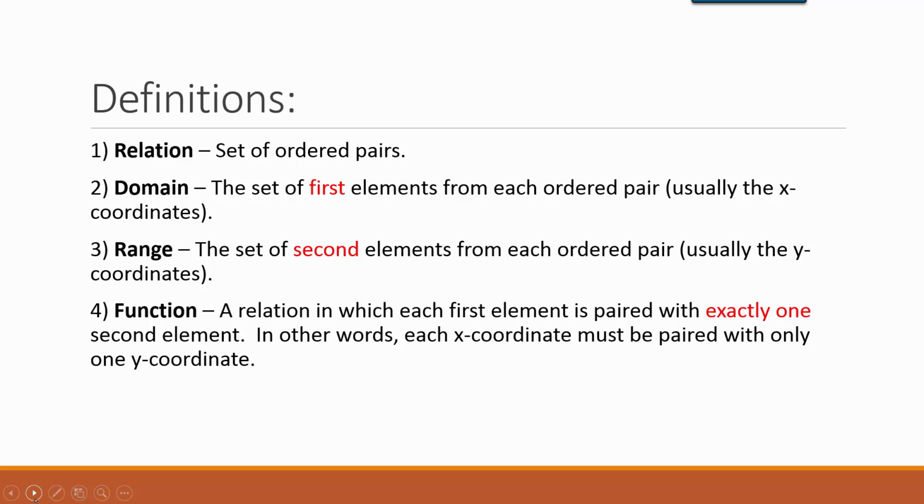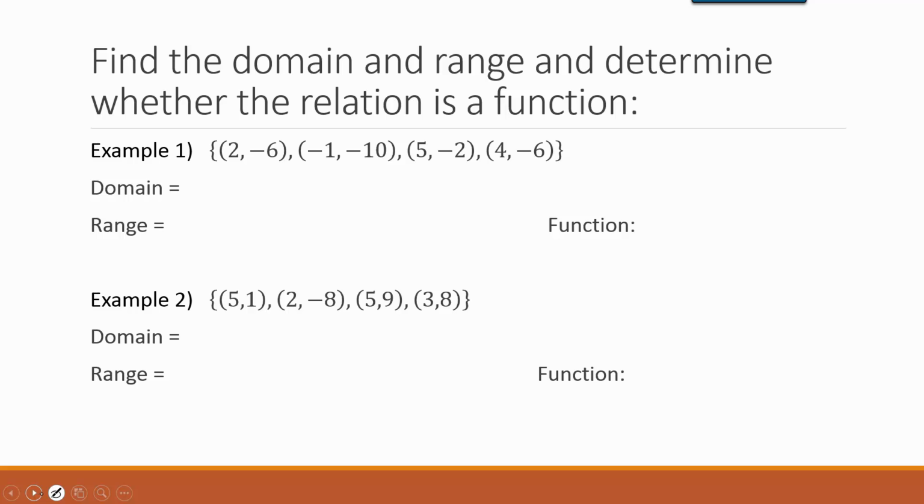So let's take a look at a few examples here. So let's say we have a set of ordered pairs of 2, -6, -1, -10, 5, -2, and 4, -6. Well, your domain is just the first number in each ordered pair, the set of first numbers from each ordered pair.